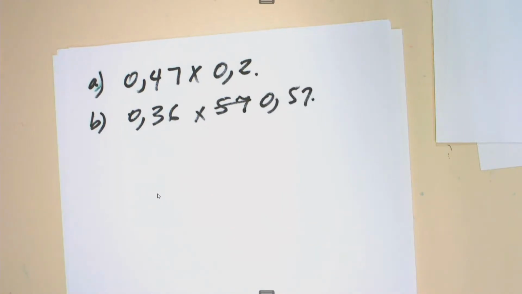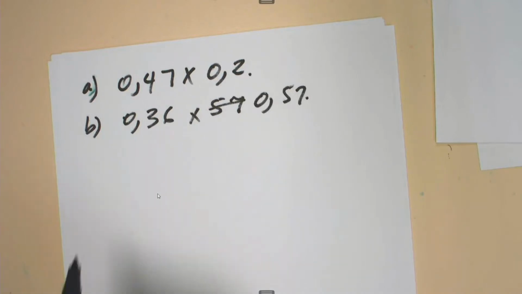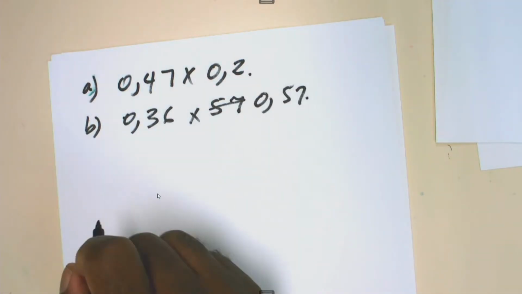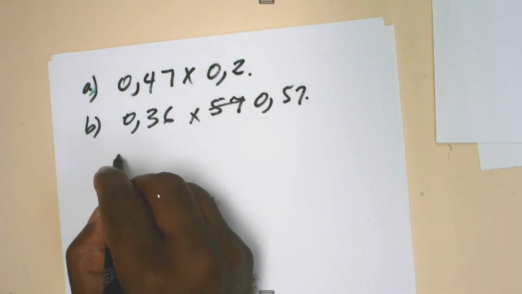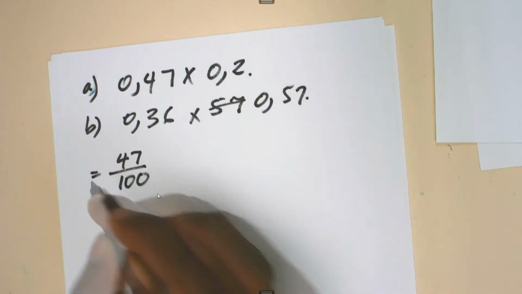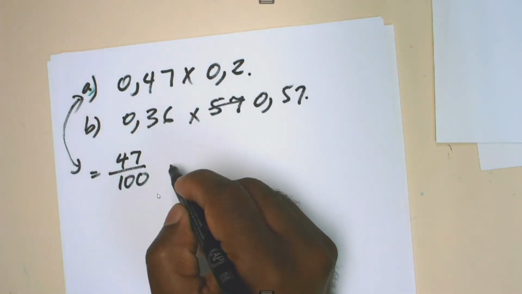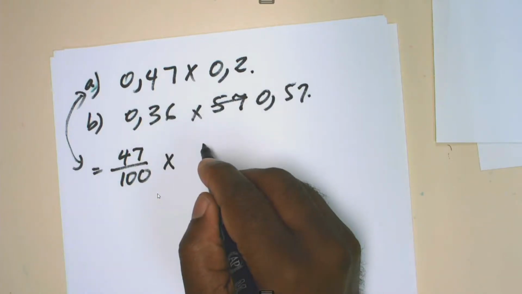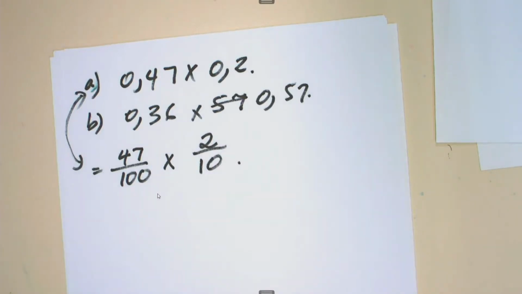Right. Let us go down and quickly calculate this. We are having now this 1 on top. And then what do we know about this one? We know that from the fraction we have 47 hundredths multiplied by 2 tenths.